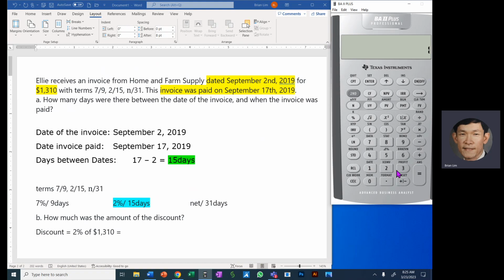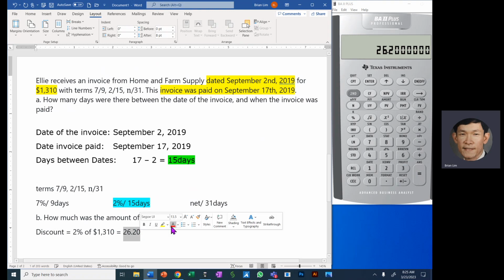Well, we can go 1310 and then multiply by 2 and click on percent right here. That should convert 2% to a decimal. We multiply and the answer is $26.20. So this is the amount of the discount.